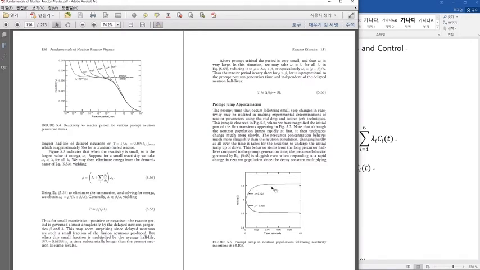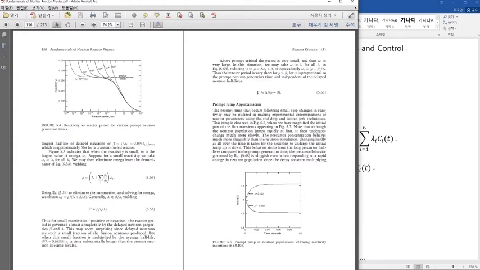Their response is very fast, in almost less than 0.01 second, because the prompt generation time is such a short time.